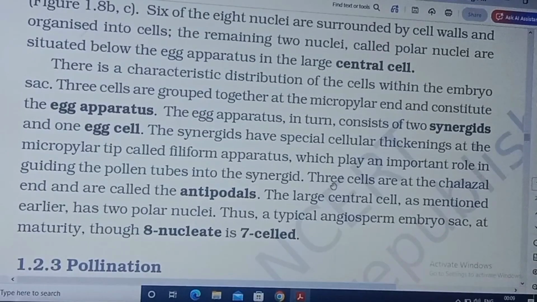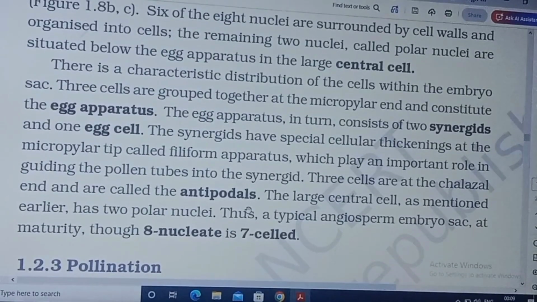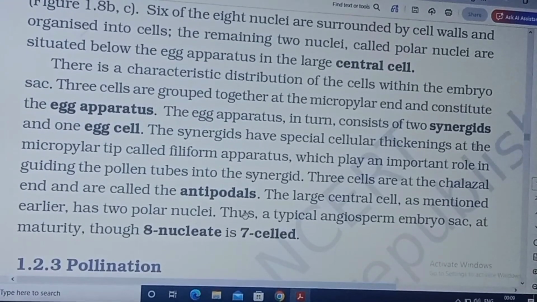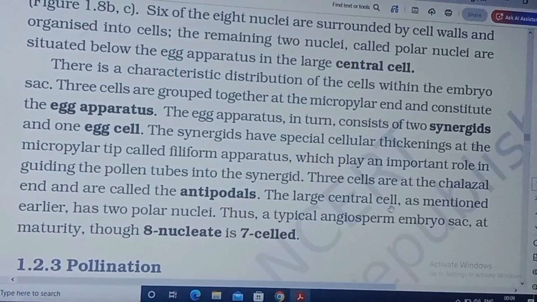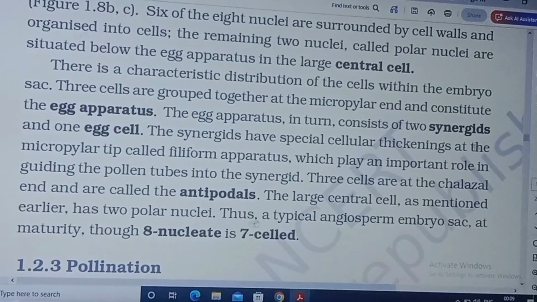Three cells at the chalazal end are called the antipodals. The large central cell, as mentioned earlier, has two polar nuclei which are not surrounded by any cell wall.